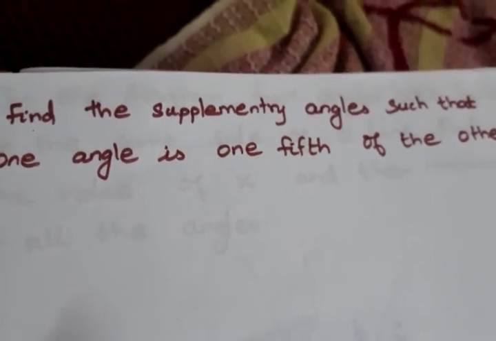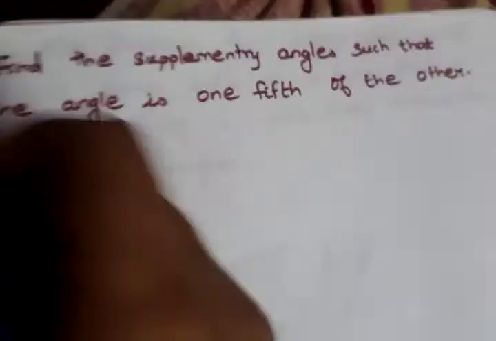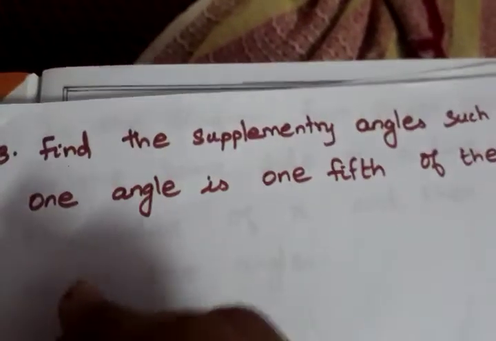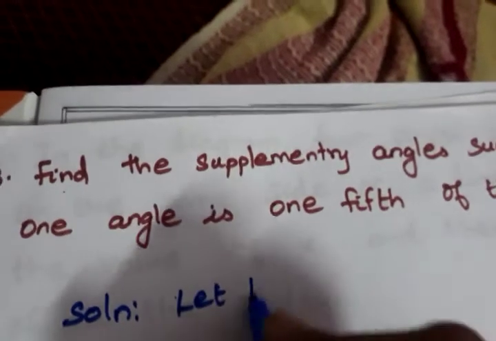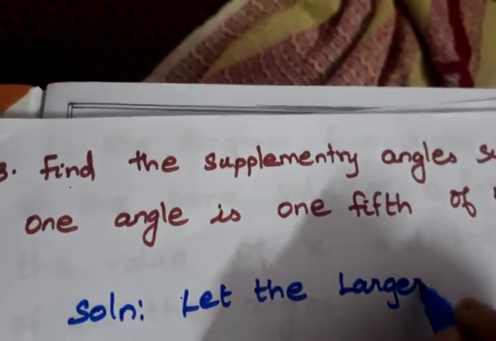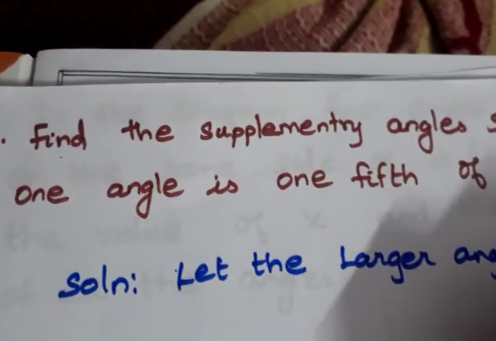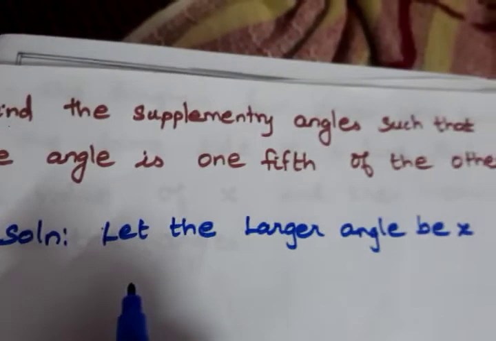Find the supplementary angle such that one angle is 1/5 of the other. One angle is 1/5 of the other. So solutions. Let the larger angle be x. The smaller angle is 1/5 of the other.